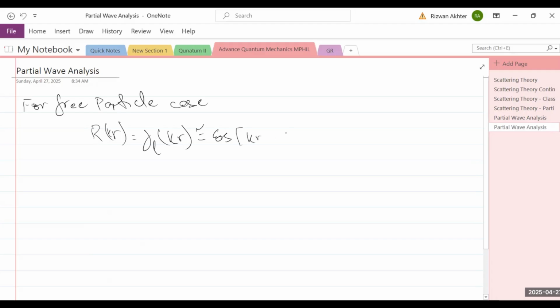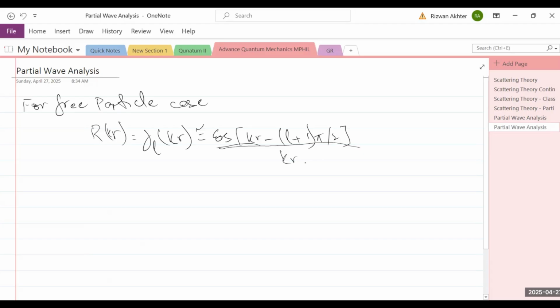So this is not new. हमने इससे पहले भी इस function को लिखा था, which was l plus 1. L plus 1 is the eigenvalues for the angular momentum operator when operated on the wave function. So we know that we have solved this. So we just write the eigenvalues divided by the kr.